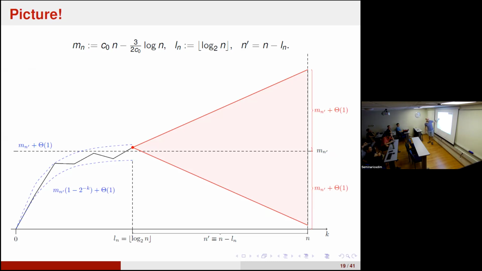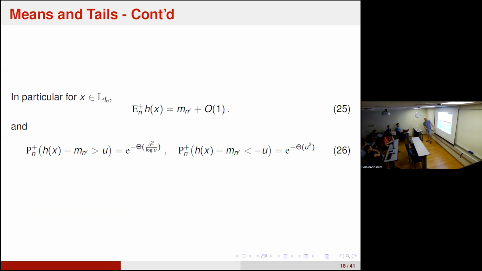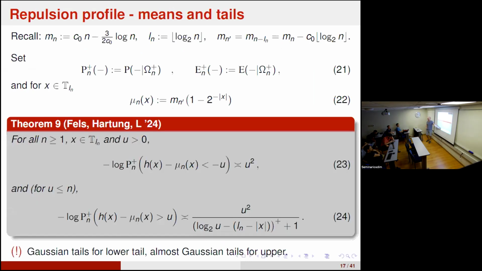So the order of the maximum is m_n, and m_n would have been here, but they go slightly smaller, by precisely this quantity, C_0 times l_n. And they stay very close to this, in a Gaussian or almost Gaussian sense.